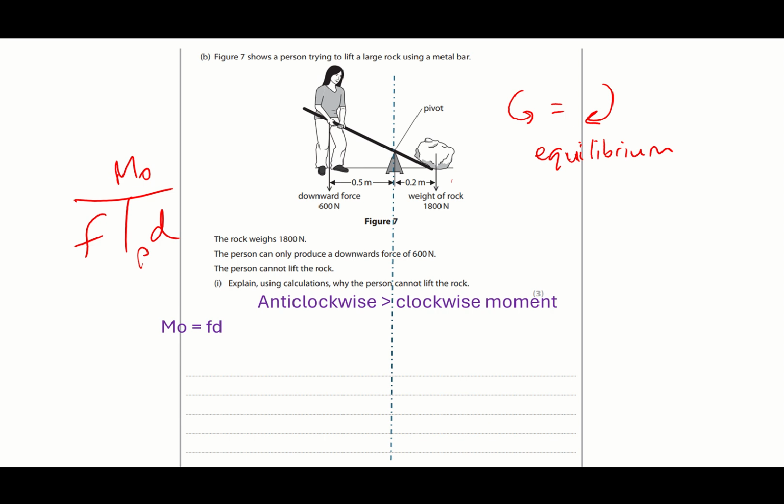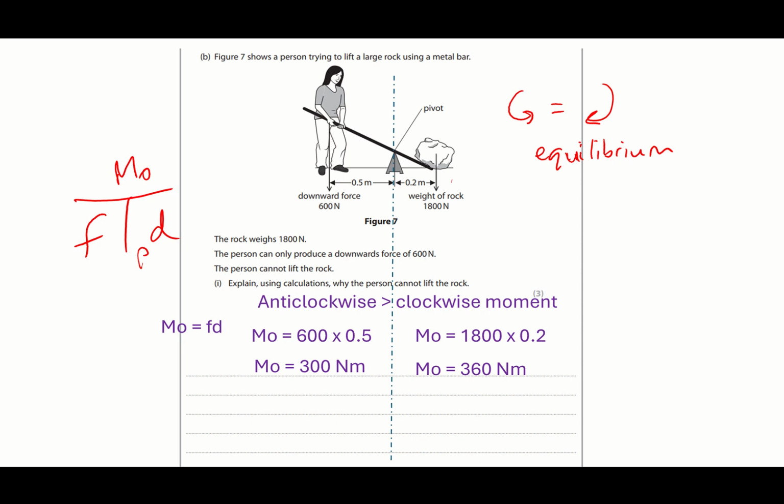Now just do some little multiplications. The turning moment for the anti-clockwise is 600 times 0.5, using those numbers up top, which equals 300 Newton meters. Is that more or less than the rock? 1,800 times 0.2 is 360 Newton meters.